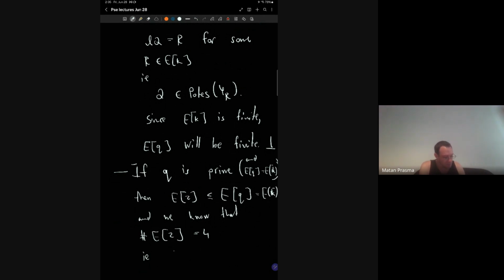It means that 4 divides... I mean, it means that 2 divides Q, because the only way that E of K would be a subgroup of E of L is if K divides L, right? So this means that Q is even.